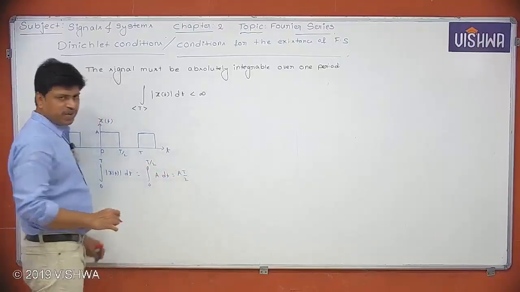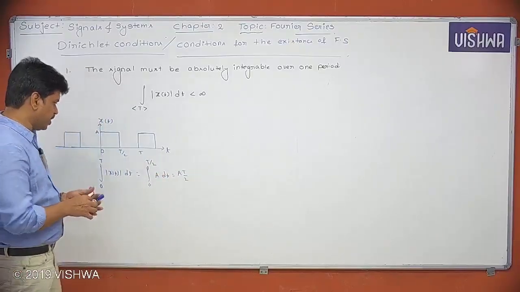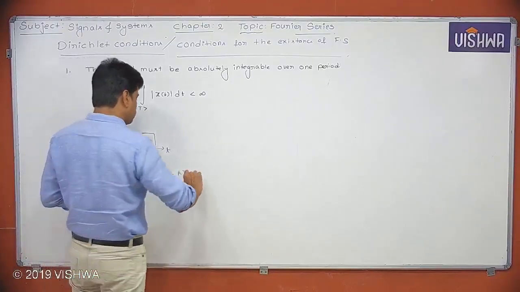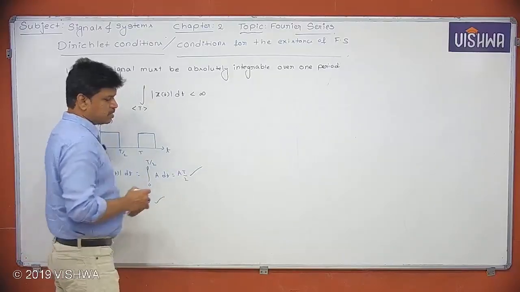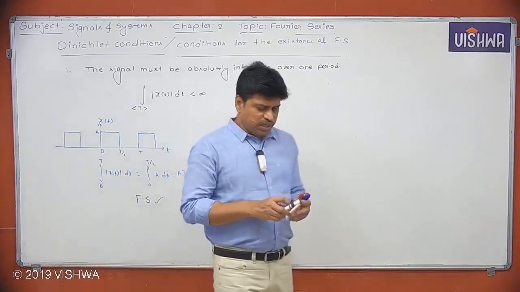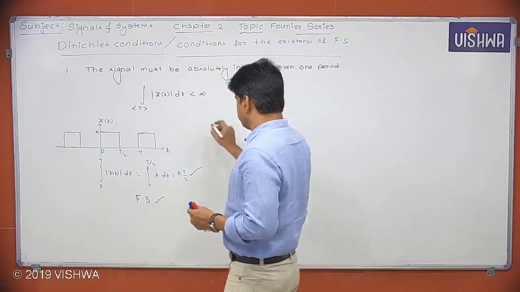So is it a finite value or not? Yes, definitely a finite value. So if it is a finite value, then we can say Fourier series is possible. Now let's take another example.